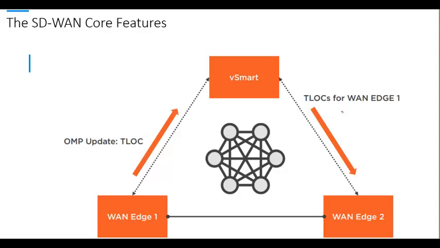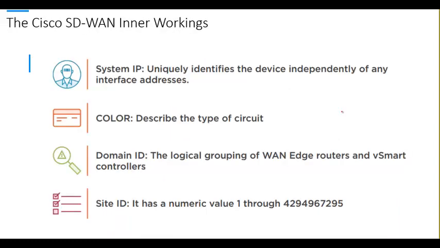System IP is persistent, meaning it's a unique identification for a device, not an interface.